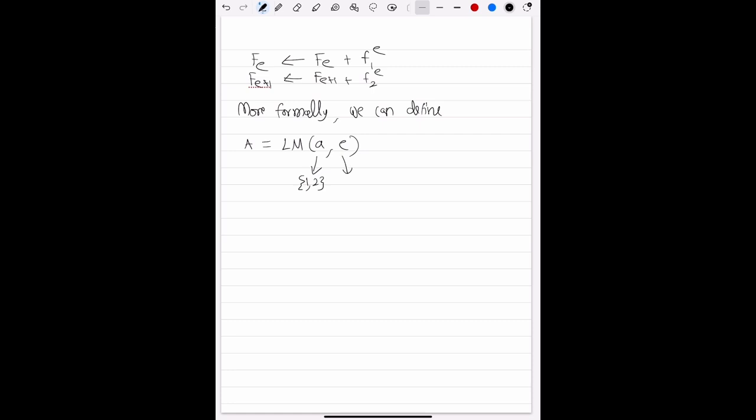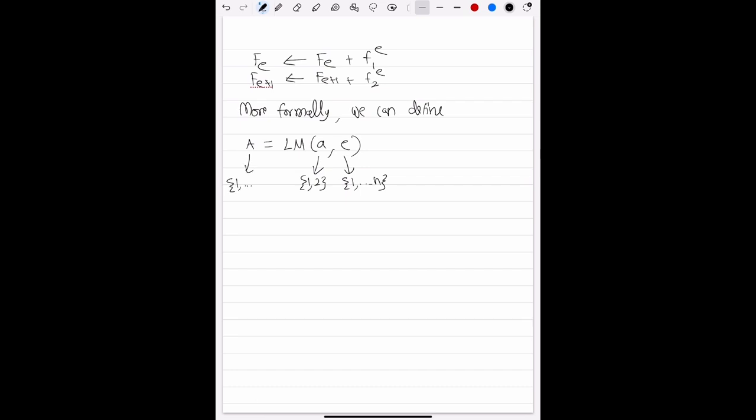E is the element number, which we know ranges from 1 all the way up to n, whereas capital A is the global node number, which we know ranges from 1 all the way up till n plus 1.